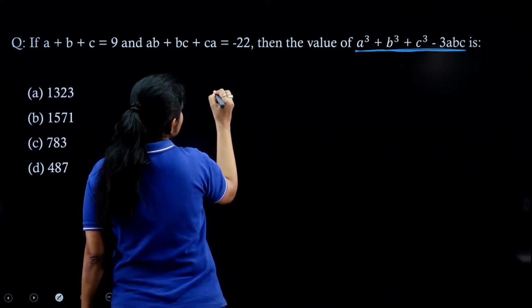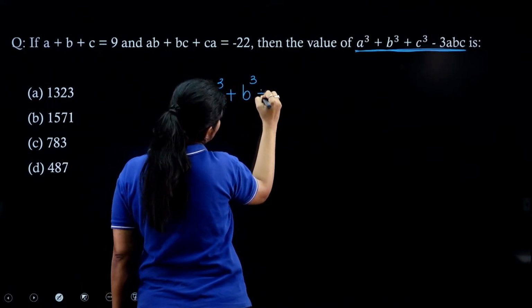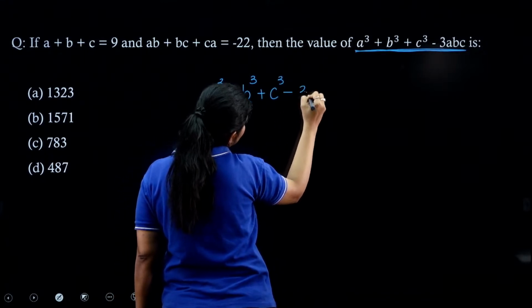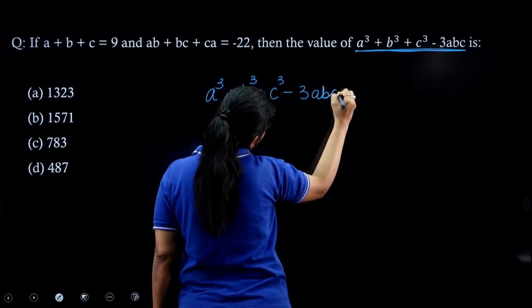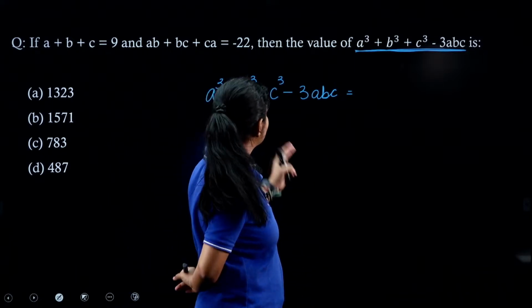We need to just write down the identity. A cube plus B cube plus C cube minus 3ABC is equals to, anyone can tell me this identity?